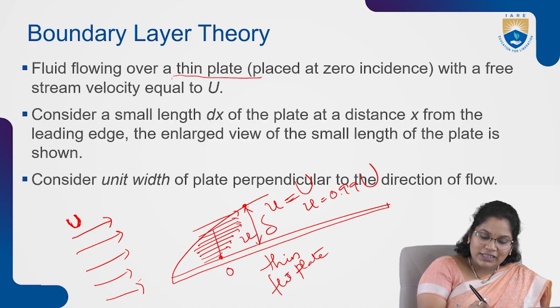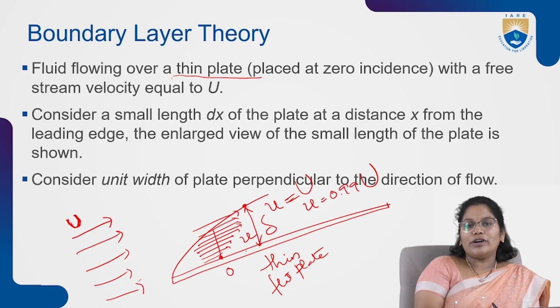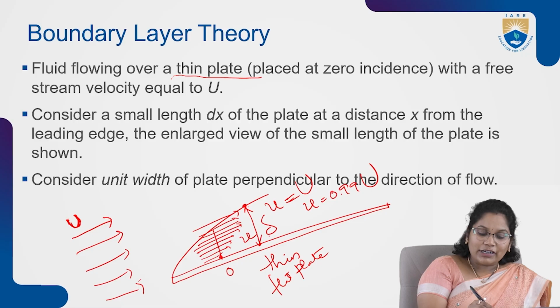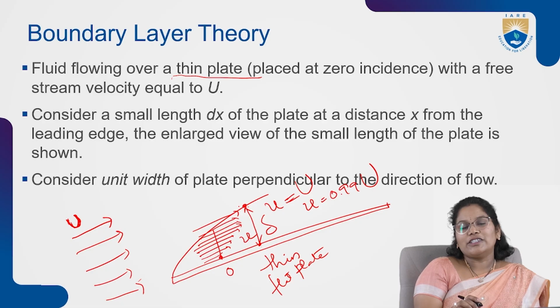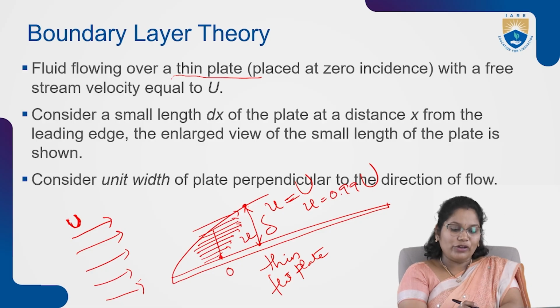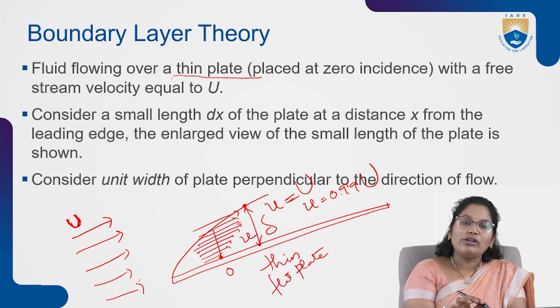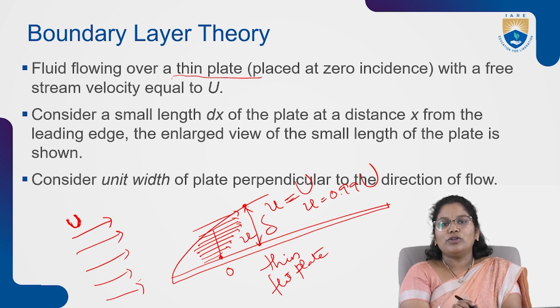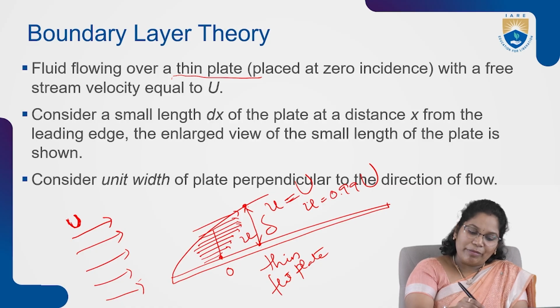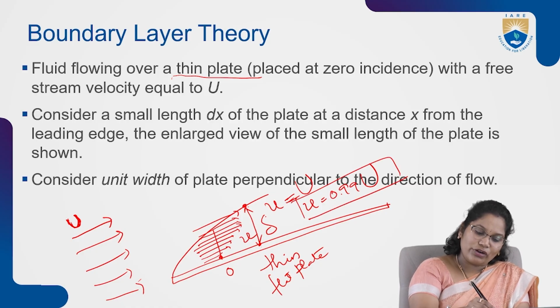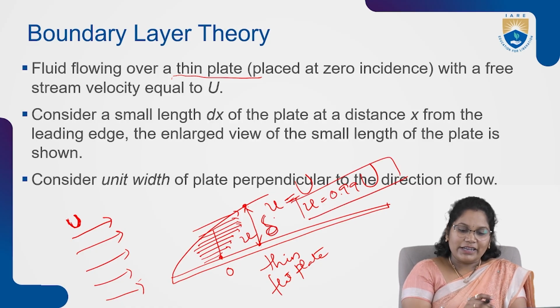Boundary layer thickness is the distance from the boundary to where your velocity becomes the free stream velocity, that is, small u is equal to 0.99 times capital U. This is the condition. This is what your boundary layer thickness is, right?